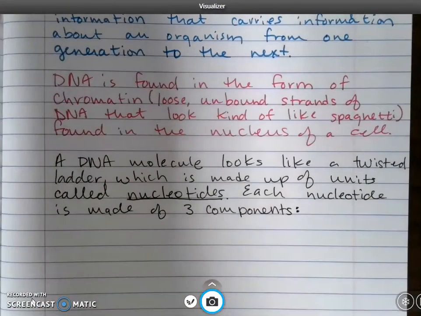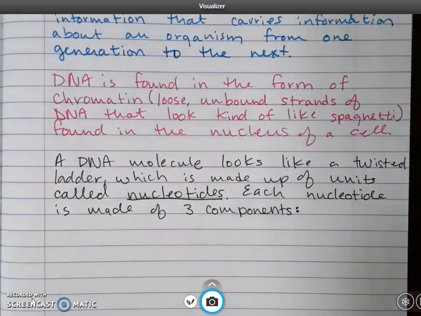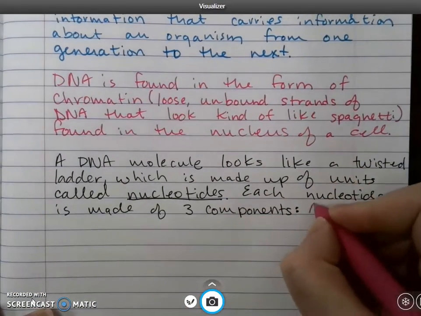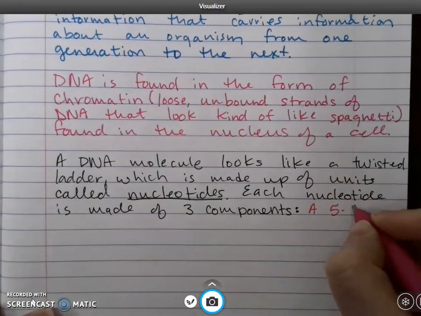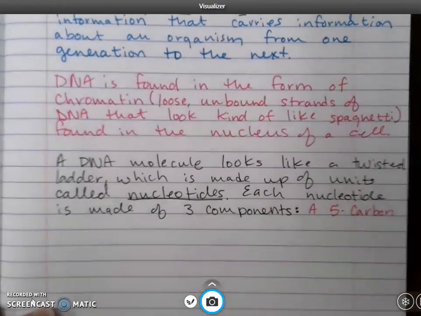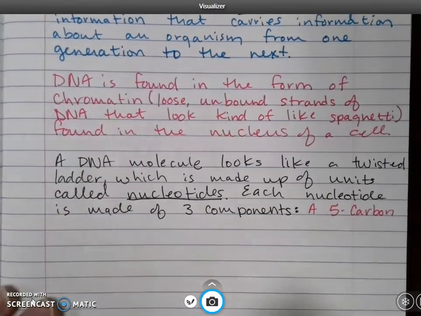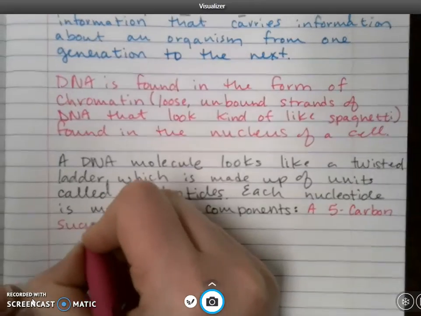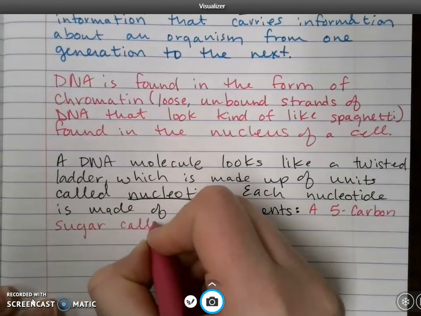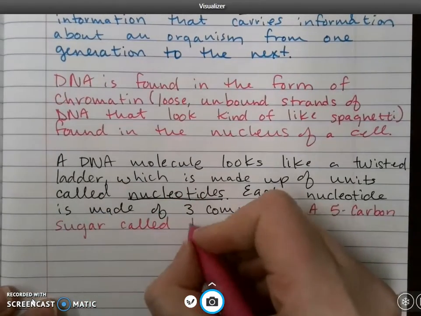They are a 5-carbon sugar molecule. Five carbon simply means that the molecule has 5 carbon atoms. It's a 5-carbon sugar called deoxyribose.